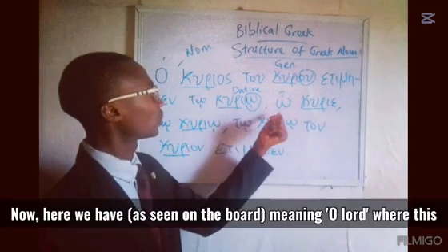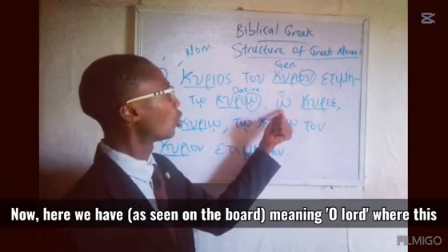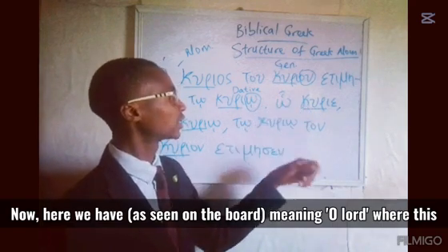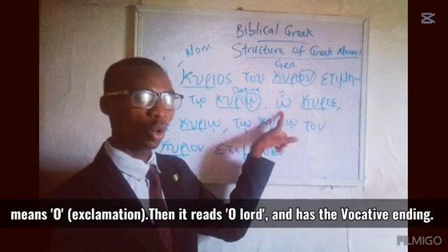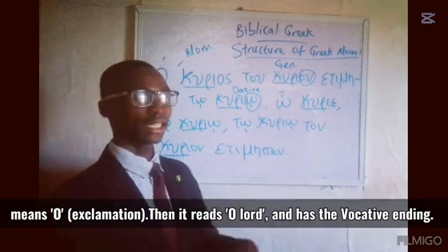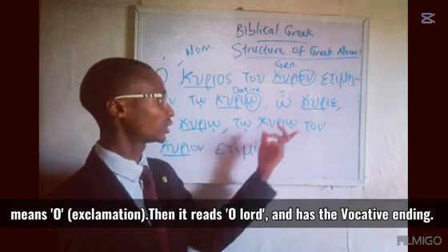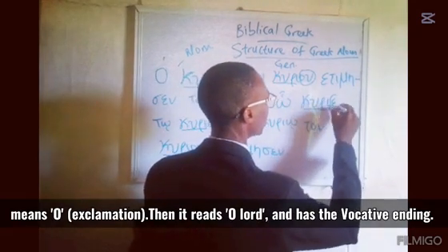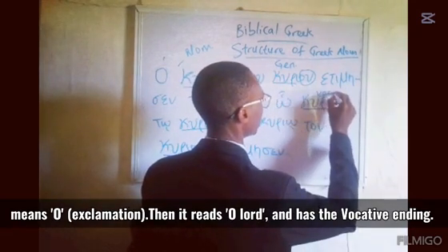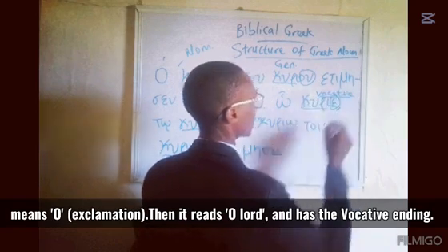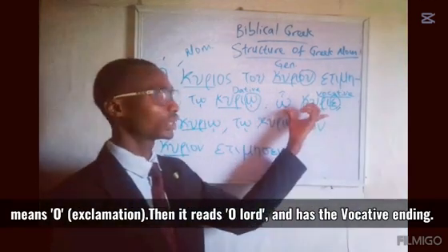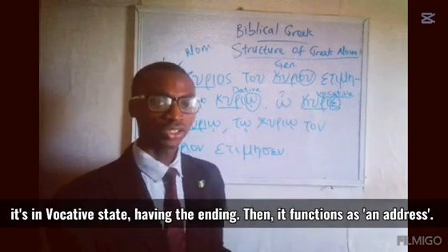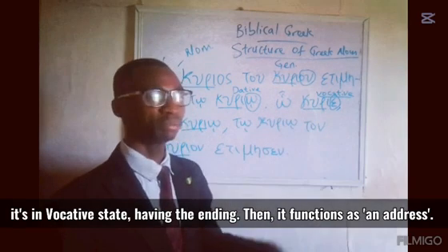Now here we have ō kurie. This ō is like an exclamation: O Lord. So it reads O Lord. And when you check the ending of this word, that is the vocative ending. So this word is in the vocative case. It functions as an address when that particular noun is being addressed.